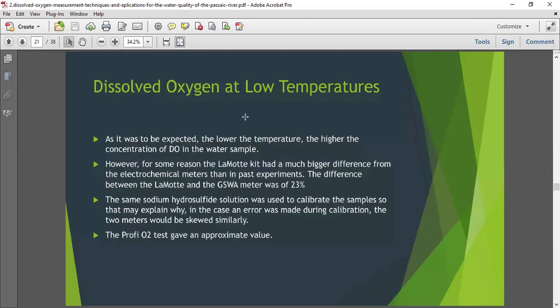As was to be expected, the lower the temperature, the higher the concentration of DO in the water sample. However, for some reason, the La Motte kit had a much bigger difference from the electrochemical meters than in past experiments.